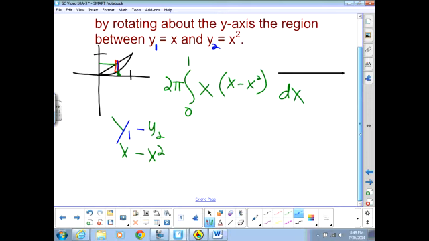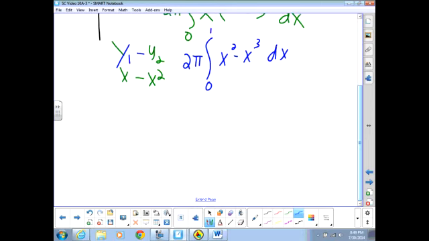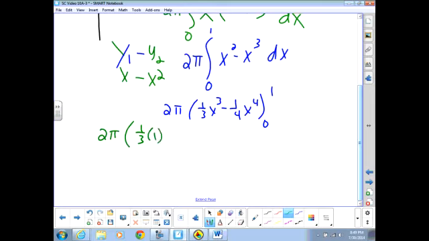Well, our integral is now set up. We'll distribute our x to give us x squared minus x cubed dx from 0 to 1. When we take the antiderivative, we'll get 1/3 x cubed minus 1/4 x to the 4th, evaluated from 0 to 1. We'll have 2 pi. We'll put in our 1, and then our 0, everything will get wiped out.